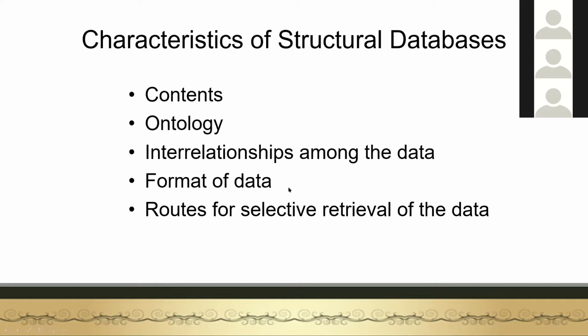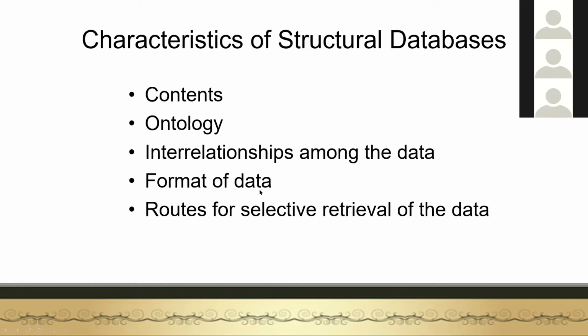So the content would be basically the protein data bank formats, and the ontology is the set of predefined terms that are used to describe the interrelationships among the data based on the characteristic or the function. And the format of data is the .pdb or the protein data bank file format.